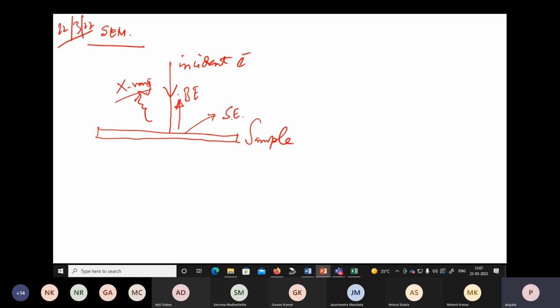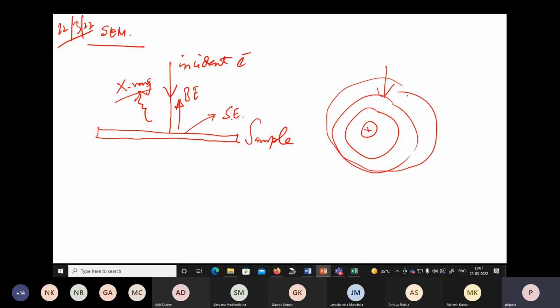And we mentioned that these secondary electrons will be generated when the incident electrons interact with electrons at the outermost shell, and they come out from the outermost shell. These electrons are of very low energy. If they are generated very close to the surface of the structure, then only they will be able to come out. So these electrons are known as secondary electrons.